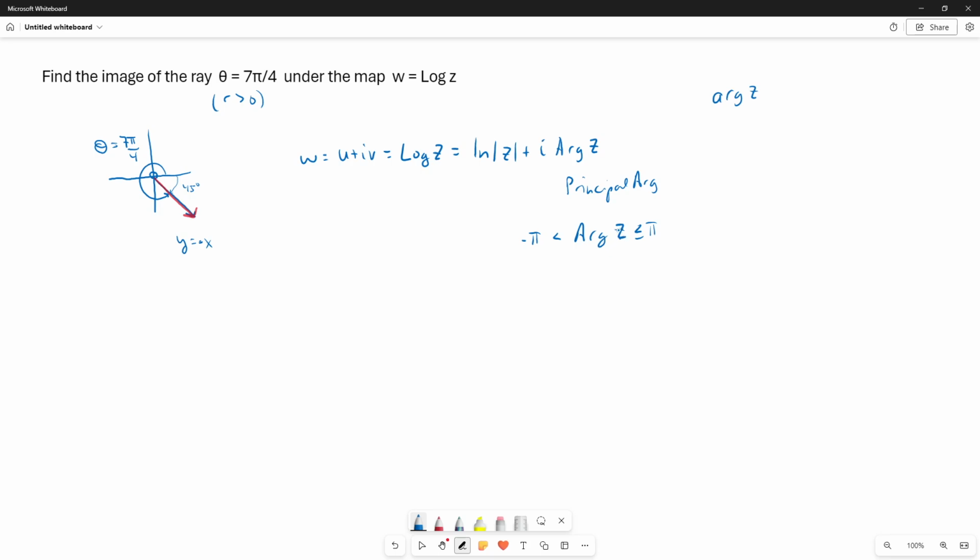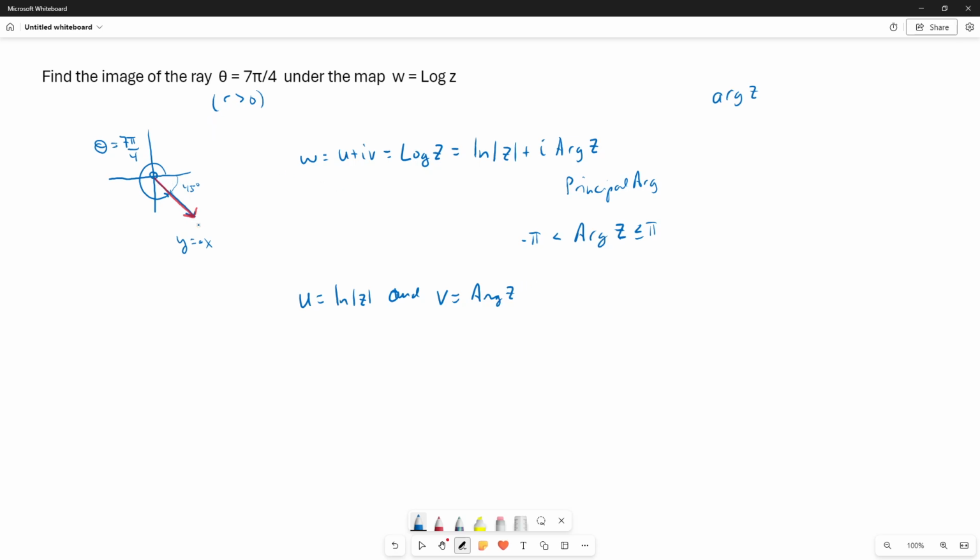So for every number in the complex plane except 0, there is exactly one angle in this interval associated with the position of that point in the complex plane. Okay, so it looks like U, the real part, is equal to the natural log of the modulus of Z, and V, the imaginary part, is equal to the arg of Z.